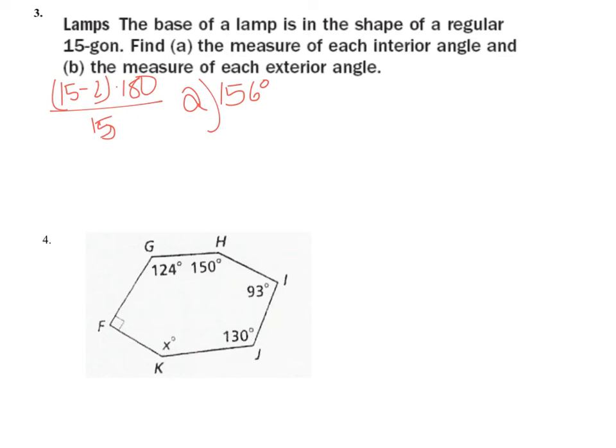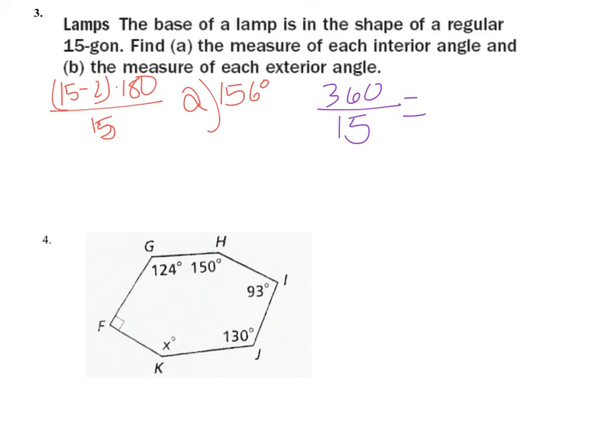And then for part B, they want each exterior angle. Now the rule is that the sum of the exterior angles of any polygon is always 360. So if we take that sum of 360 and we divide by the number of sides, we will get each exterior angle, and since it's regular, they'll all be the same here.